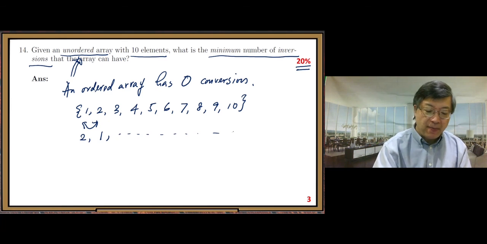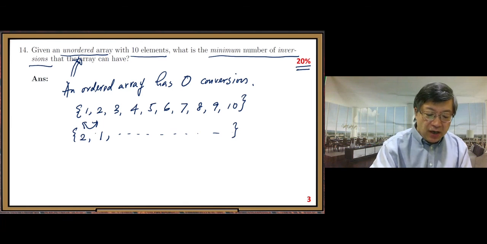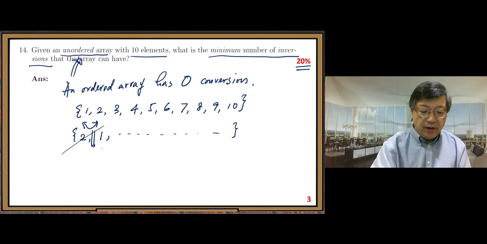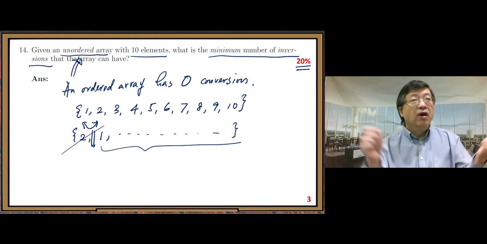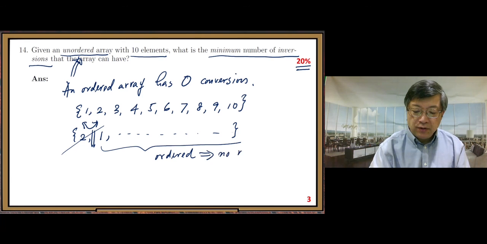How about that? You can see if you cover the first element, the remaining part is ordered. Ordered means no inversion.